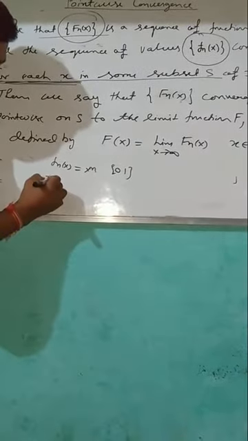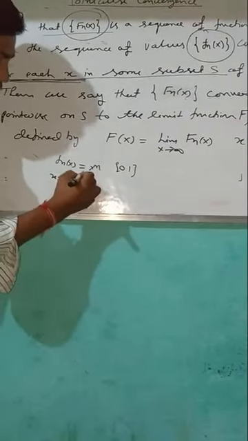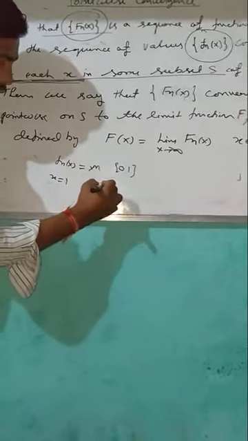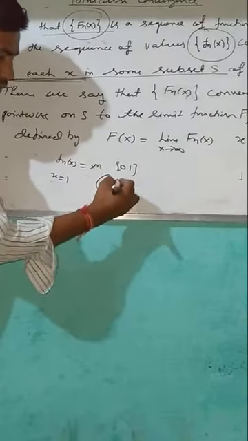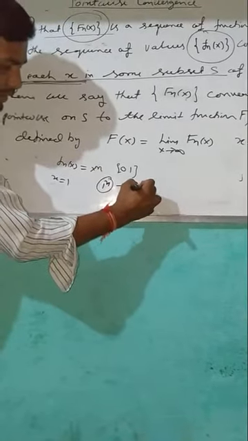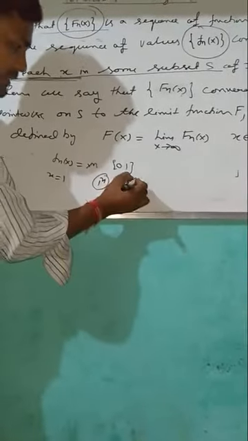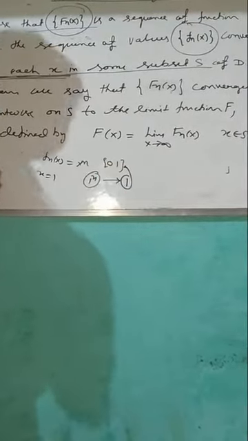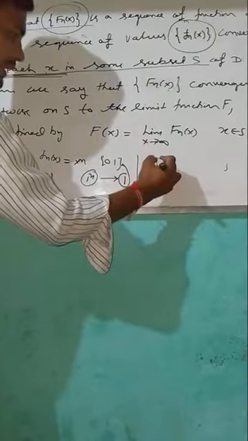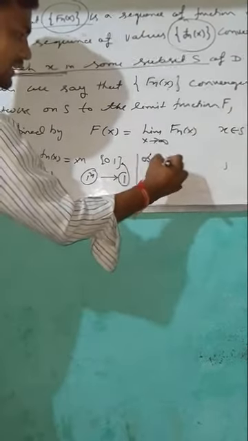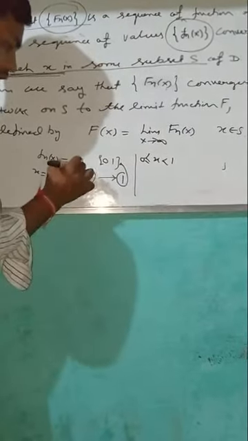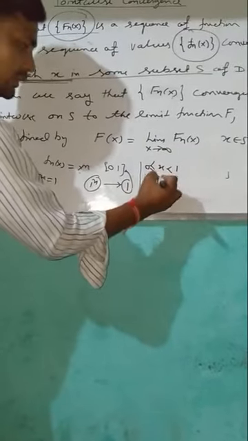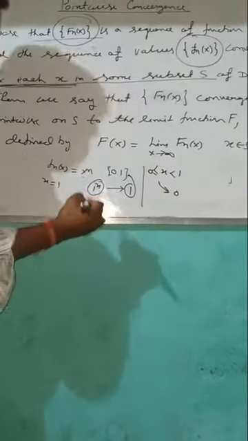When we take x equal to 1, all the values 1^n tend to 1. This is inside one part of the domain. When x is greater than or equal to 0 and less than 1, all the functions converge to 0.